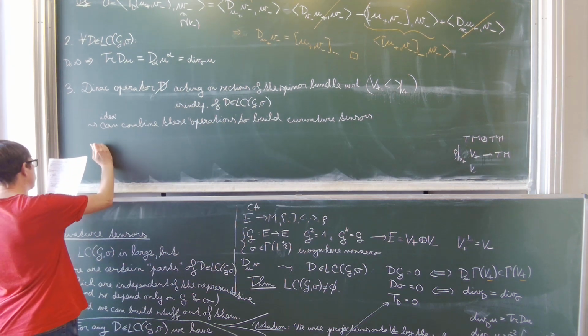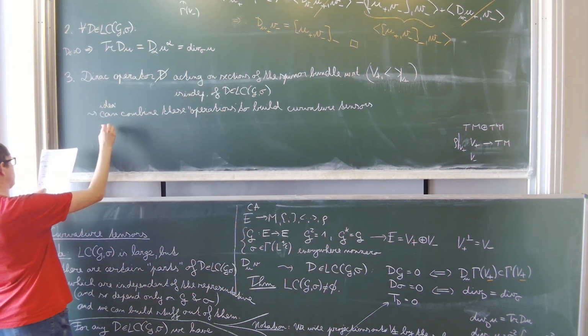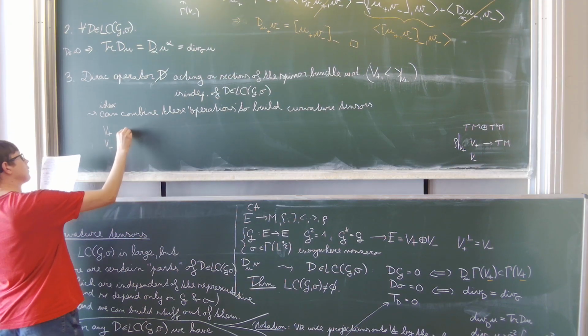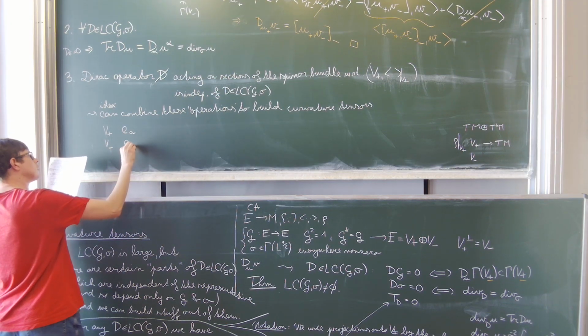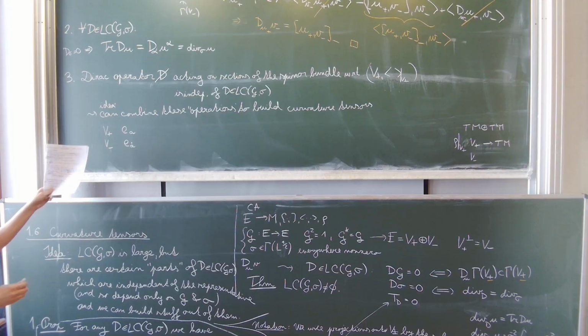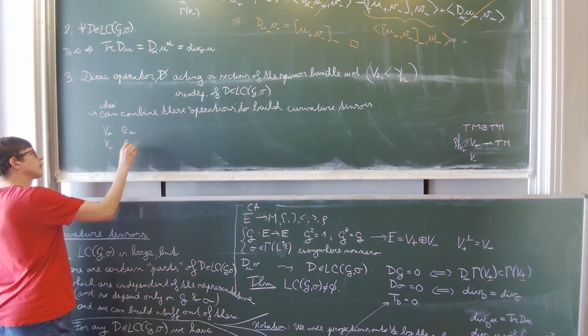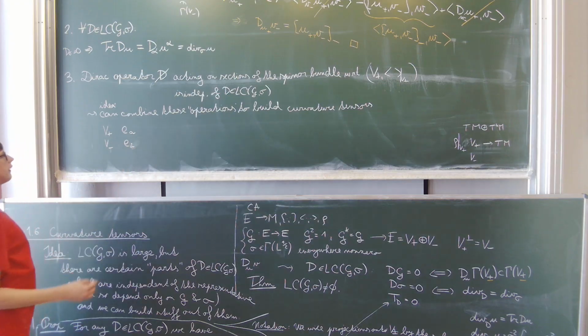So let me give some examples. We have these two subbundles, and I will now denote, this is my favorite notation, one of them with Greek letters, and the other one with Latin letters with a dot.